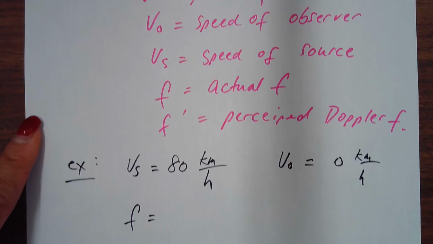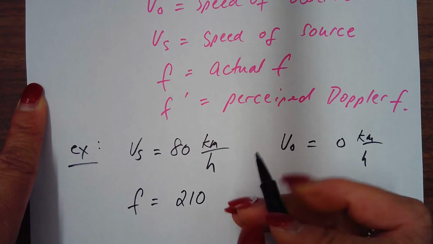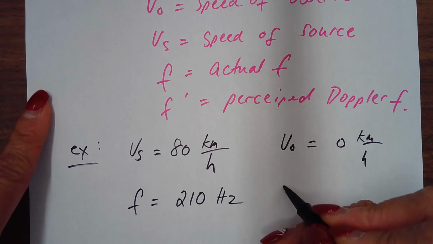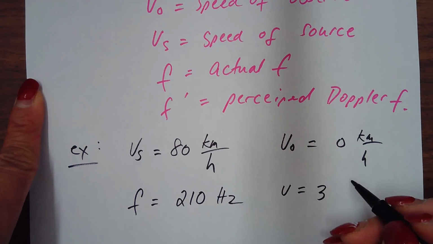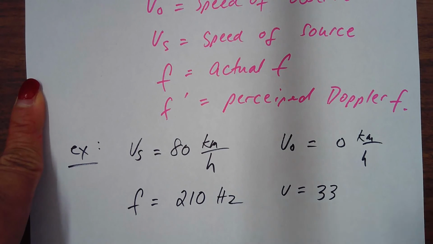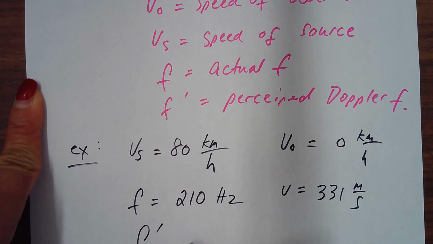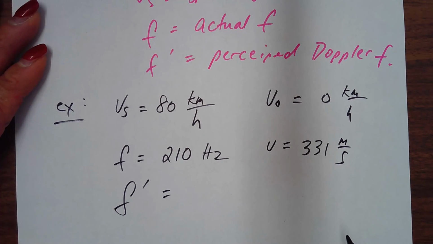Okay, and let's say the frequency of the sound that you're hearing is 210 hertz. And the speed of sound, let's say it's a nice winter day at 0 degrees, 331 meters per second. What is the Doppler frequency?